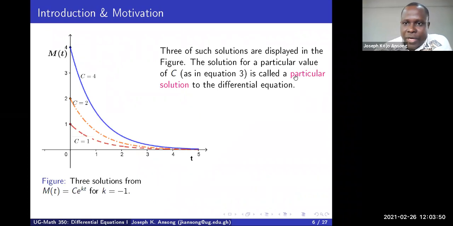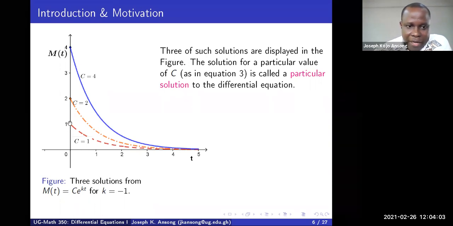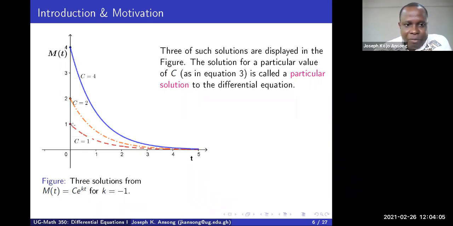Okay, so here is an example using our solution, equation 2. Suppose that at t equals 0, c is 1. Then for all future times, if this is where I'm starting from, my population of mosquitoes is going to decrease exponentially.